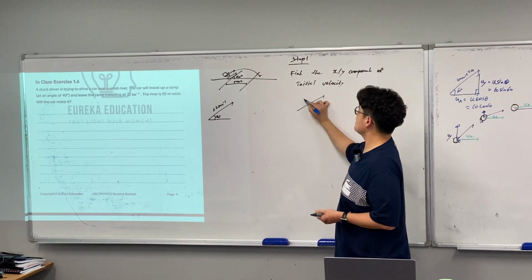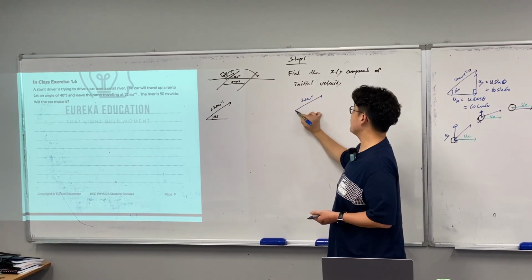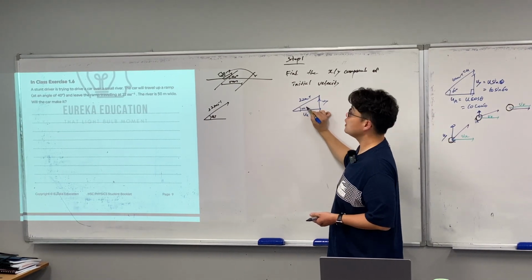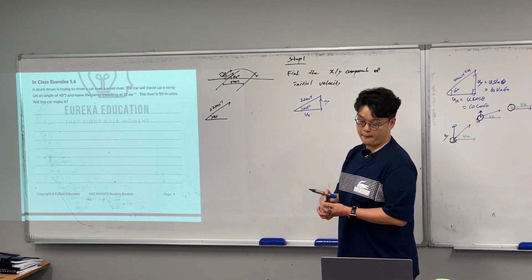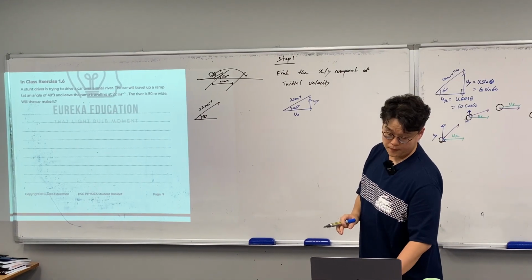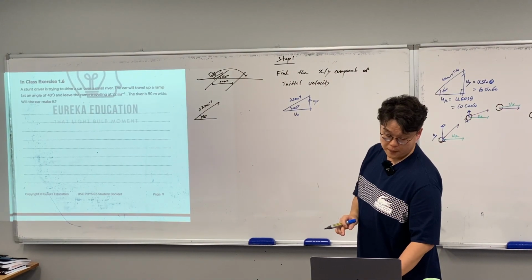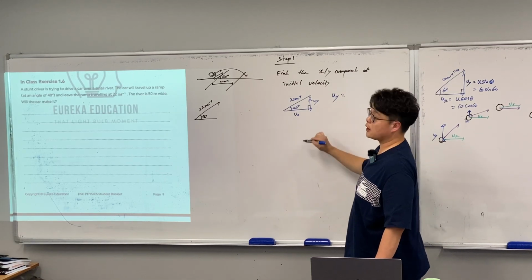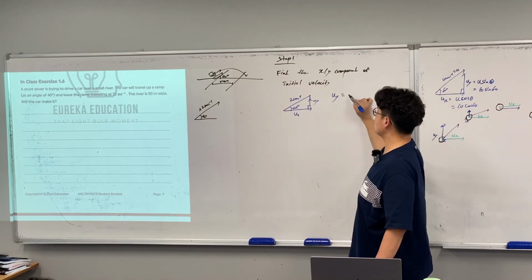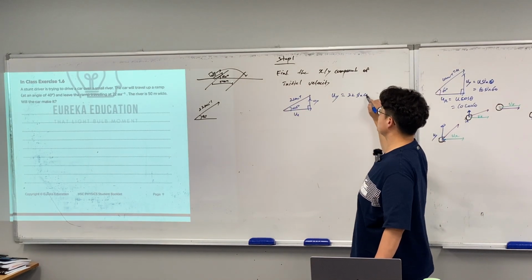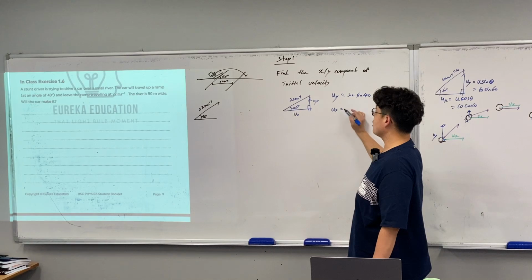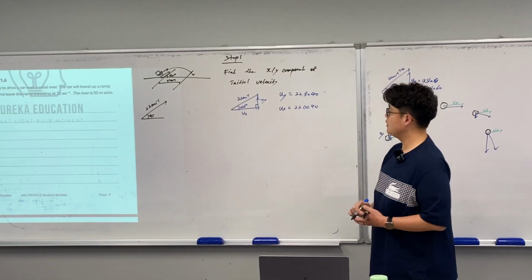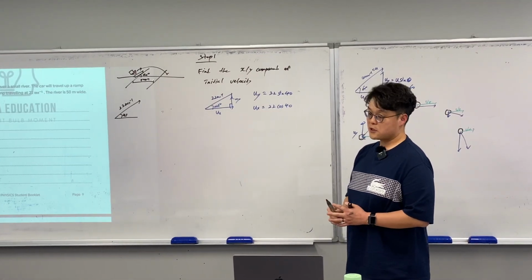That's the vector we have, which means we have the ux and uy, like this, and 40 degrees there. Okay, then what do we do from here? Well, we can take uy from this right-angle triangle, using sine: 22 sin 40. Ux would be 22 cos 40. I'll leave that in exact value for now. That's the first thing we have to do.